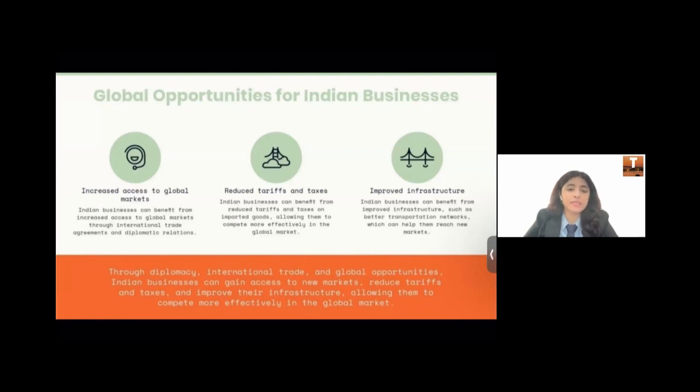So Indian businesses have a multitude of global opportunities to explore and capitalize on. The world is increasingly interconnected, and international markets offer immense potential for Indian businesses to expand their operations, increase their customer base, and drive their growth.